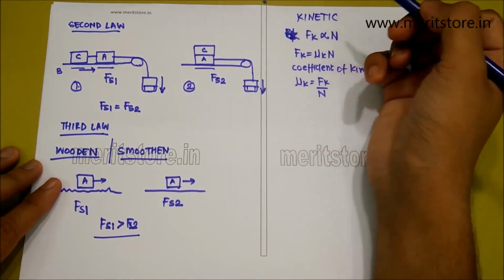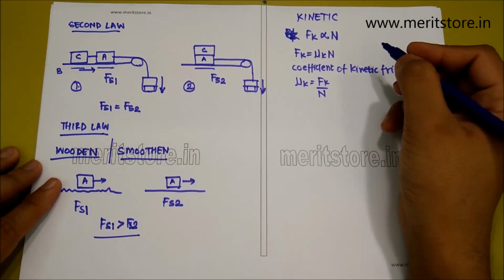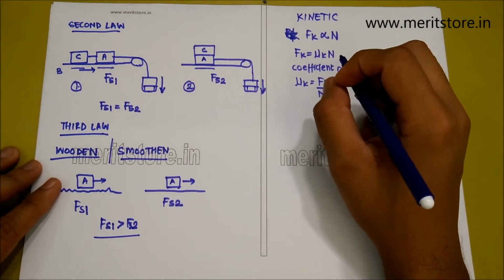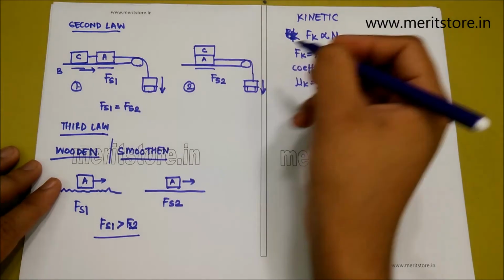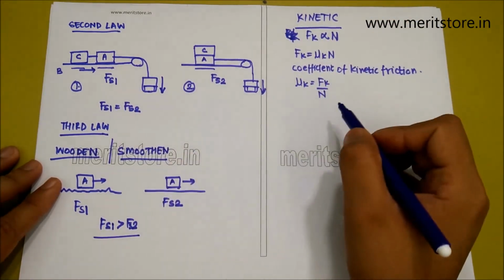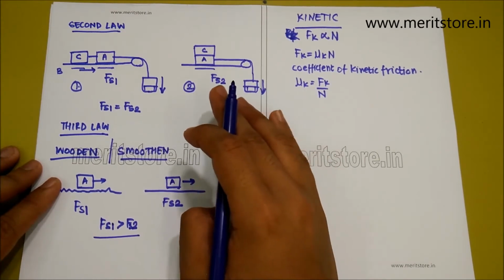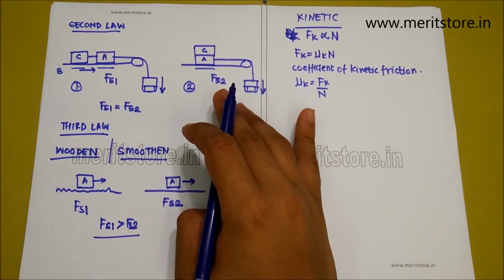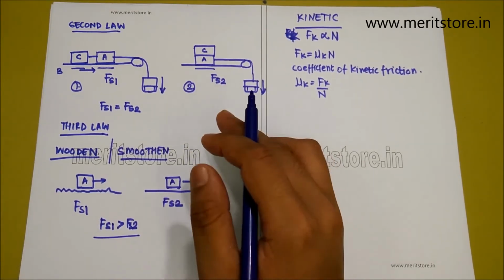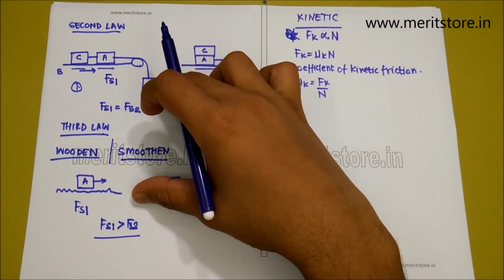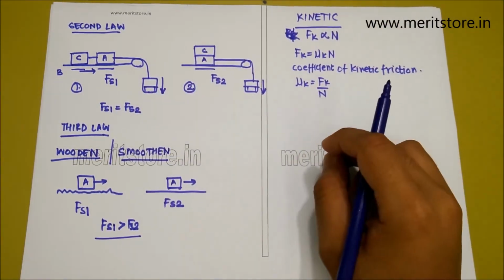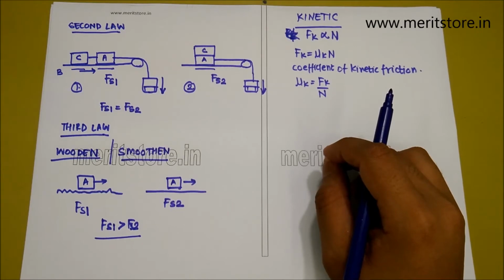While the third law states that the force of kinetic friction depends upon the nature and the material of the surfaces in contact, which is also same in case of static friction. So we see that the second law and third law of static friction and dynamic friction are almost the same, except for the fact that this occurs when the two bodies are in equilibrium, while this occurs when the two bodies are moving against each other.